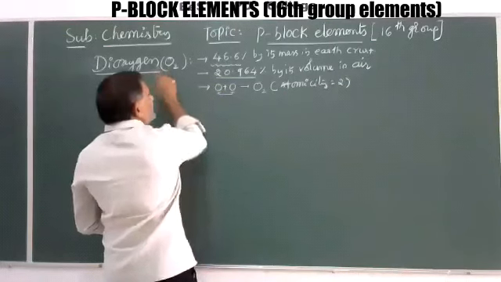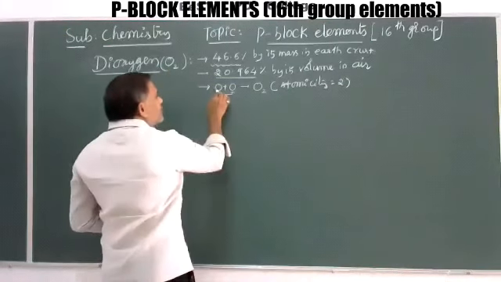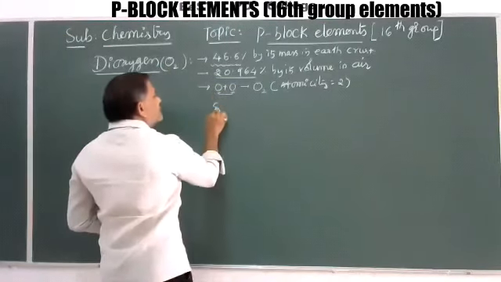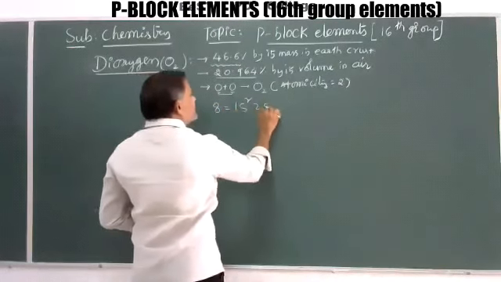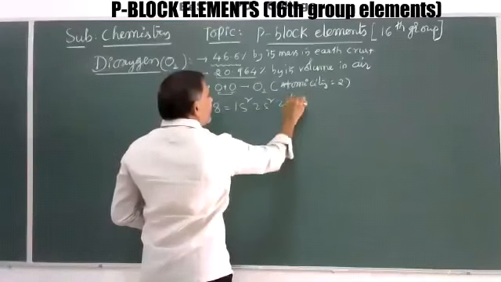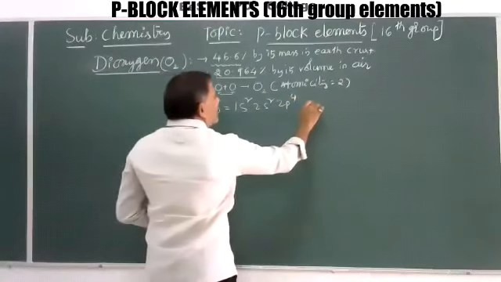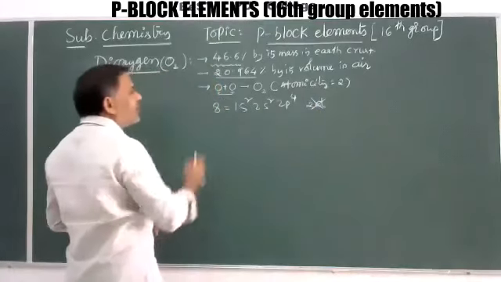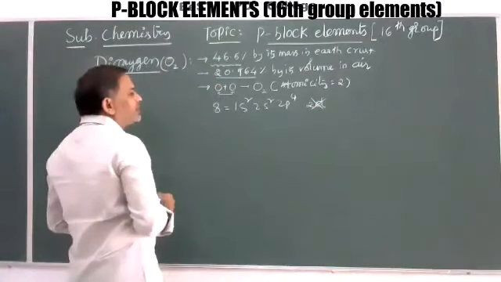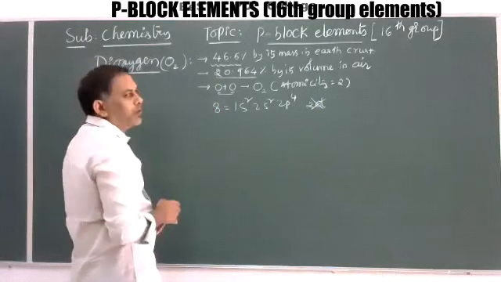That's why it is dioxygen. Each oxygen's atomic number is 8, and its electronic configuration we know is 1s2, 2s2, 2p4. Here the 2d orbitals are not present. Absence of d orbitals shows some anomalous, peculiar properties.